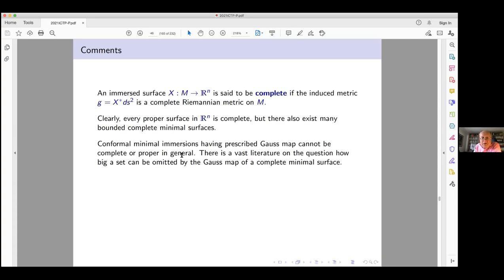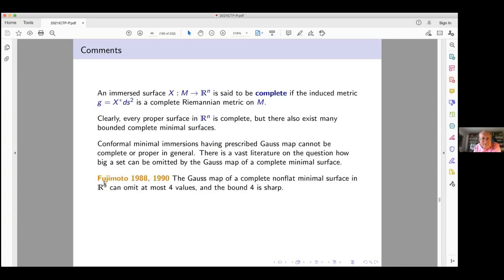It is impossible in general for the reason that it is well known that there is a vast literature on the question how big a set of values in the projective space, in CP1, in the Riemann sphere, can be omitted by the Gauss map of a complete minimal surface. So without completeness, it's not a problem, but completeness imposes very strong restrictions.